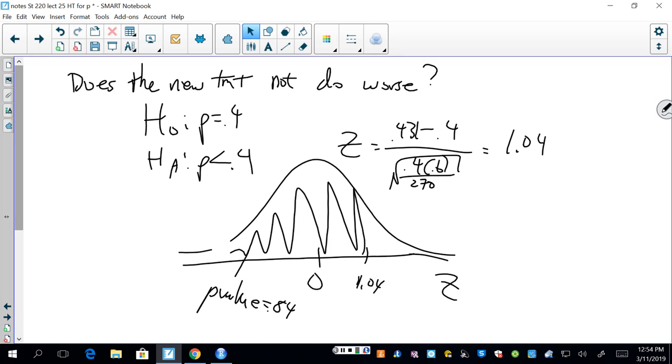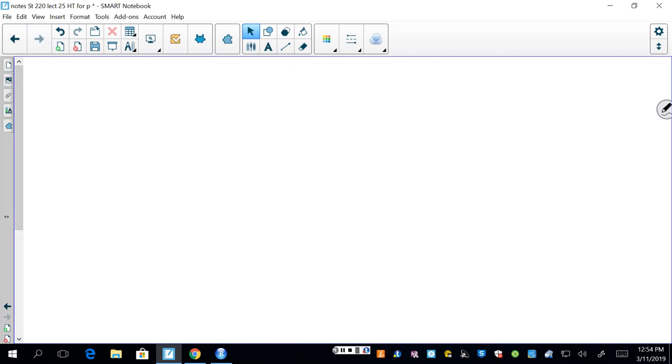So depending on how the alternative is set up, it depends on which way you go. In this case, with 0.431, you've totally failed to show that the alternative is better.